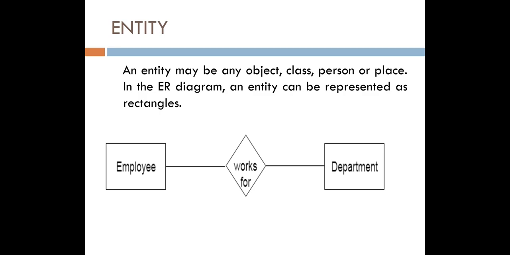An entity may be an object or class or person or place in the ER diagram which is represented by rectangle. In the OOPS, whenever we represent one class, a class can be any object or person or place.